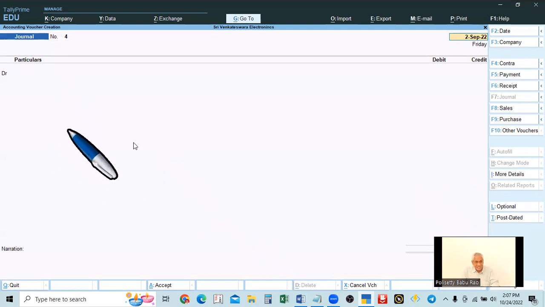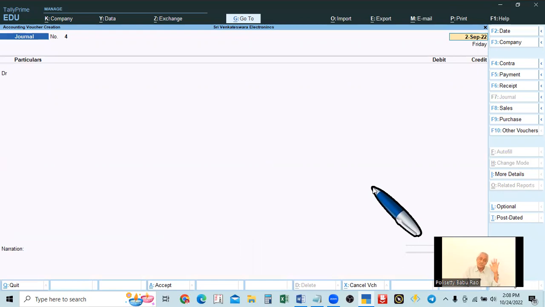But in the case of journal, it will automatically be like a journal in manual accounting. There is no other mode for this. In receipts and payments, there are other modes also, but usually it is debit and credit, that is double entry mode.